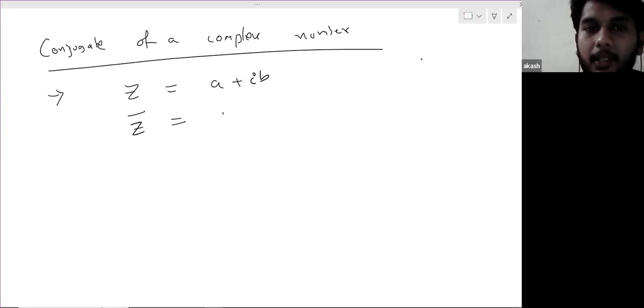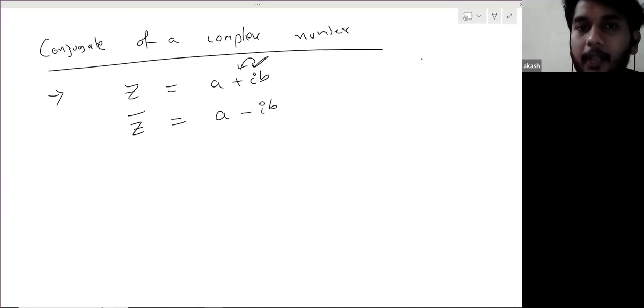This is denoted as a minus ib. Whatever is with I, change the sign of that number. A will not be affected by this. Only the imaginary part is affected. If Z1 is a minus ib, then Z1 bar will be a plus ib.